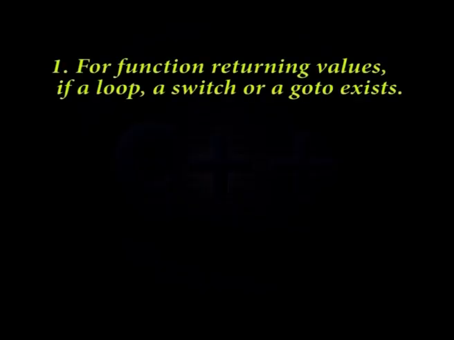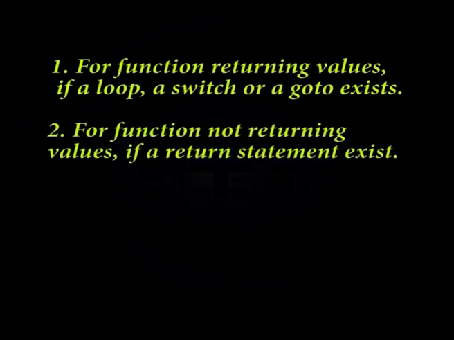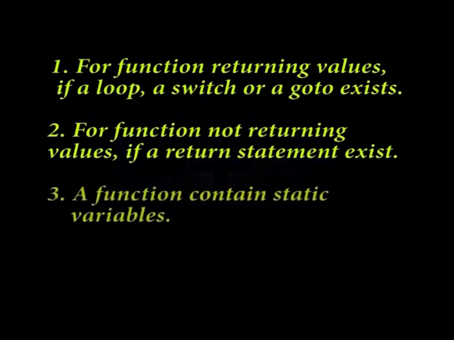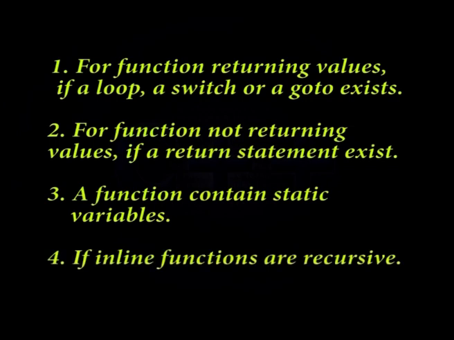For functions returning values, if a loop, a switch or a goto exists. For functions not returning values, if a return statement exists. If a function contains static variables, or if inline functions are recursive.